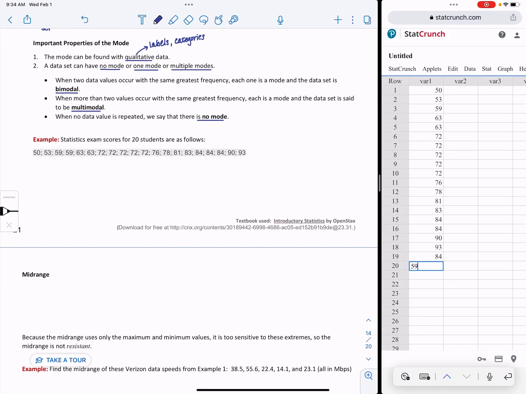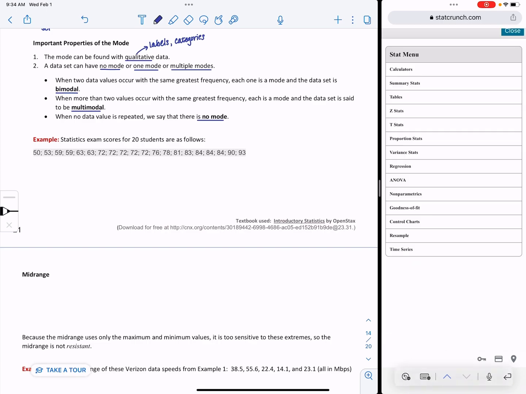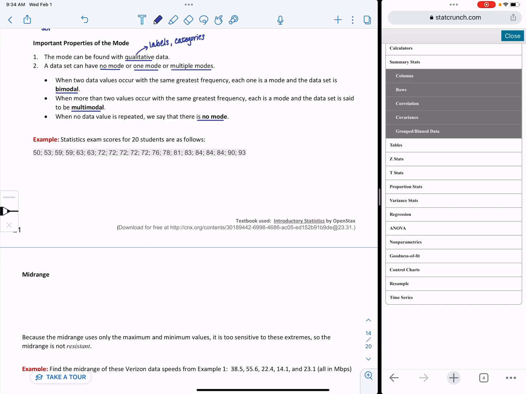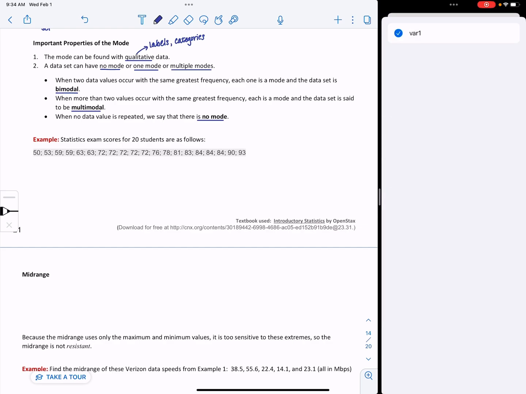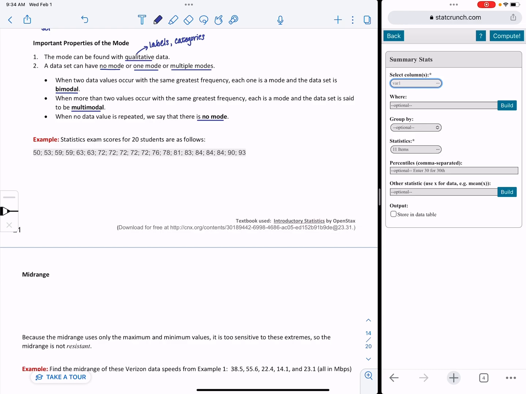To calculate the mode, we can use StatCrunch again. I've already loaded my data. I'm going to go to Stat and click Summary Stats. Again, I entered my data in columns. I'm going to choose column 1. I don't care where it goes. I don't want to group it.